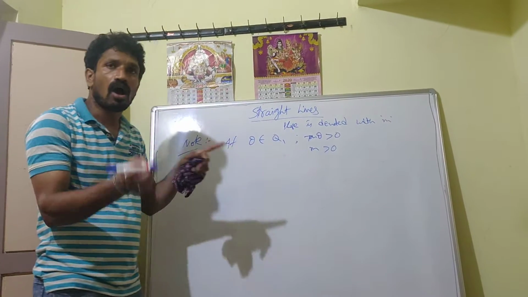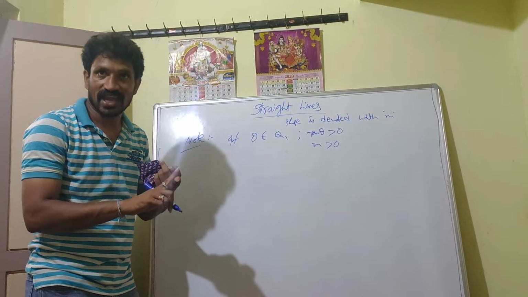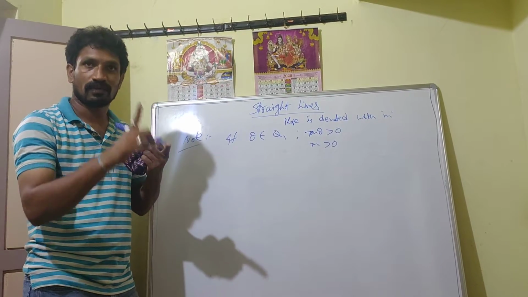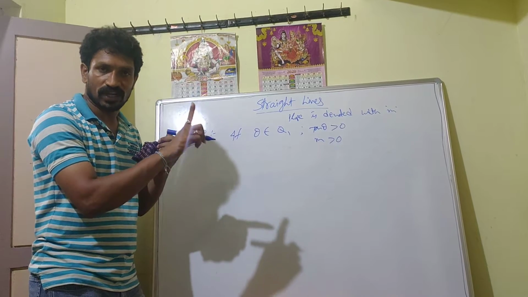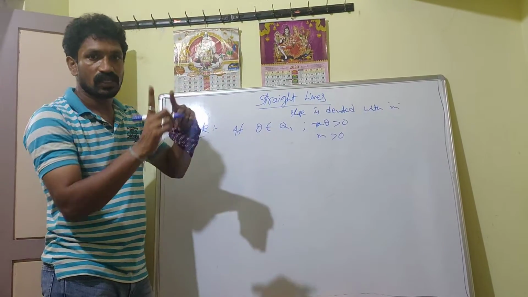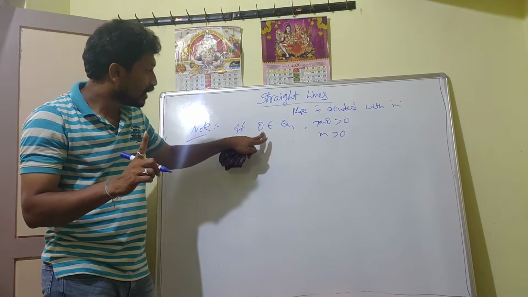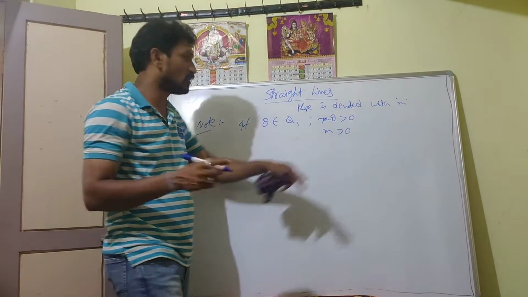Theta lies in between 0 to 90, that means it is either a horizontal line, where the slope is 0, or a vertical line. If it is a vertical line, then the slope is undefined. In other words, if theta belongs to Q1, the first quadrant, then the slope is greater than 0.